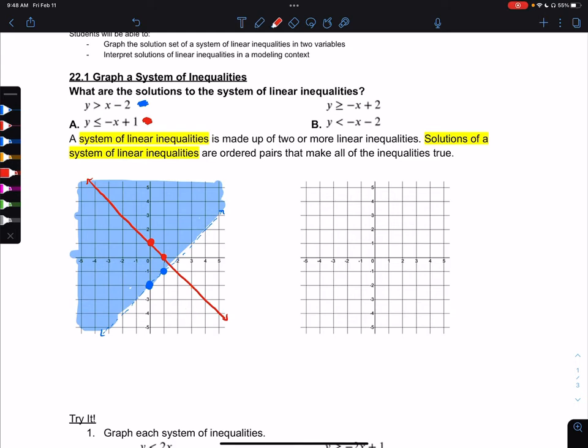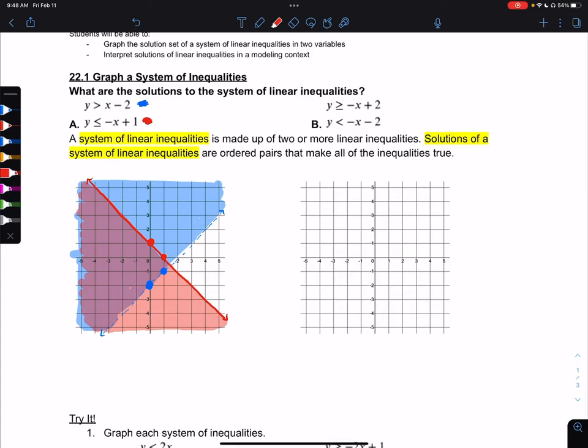So we'll shade everything below that line here. And then you have the second inequality graphed.